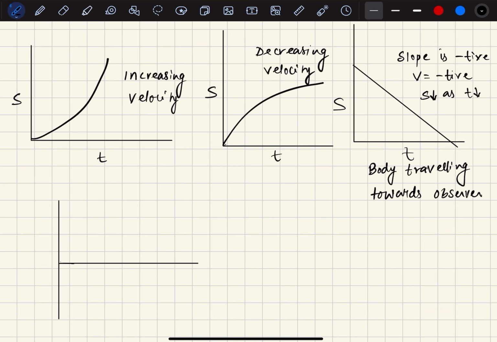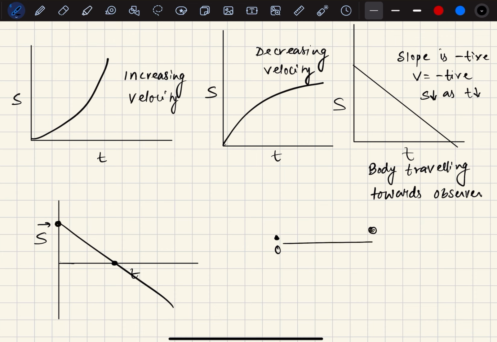Okay, what about this? Let's see this one and understand this. This is very important. See, suppose this is the observer. The body was initially at a distance from the observer. So here is the body, at a distance of say 5 meters from the observer.